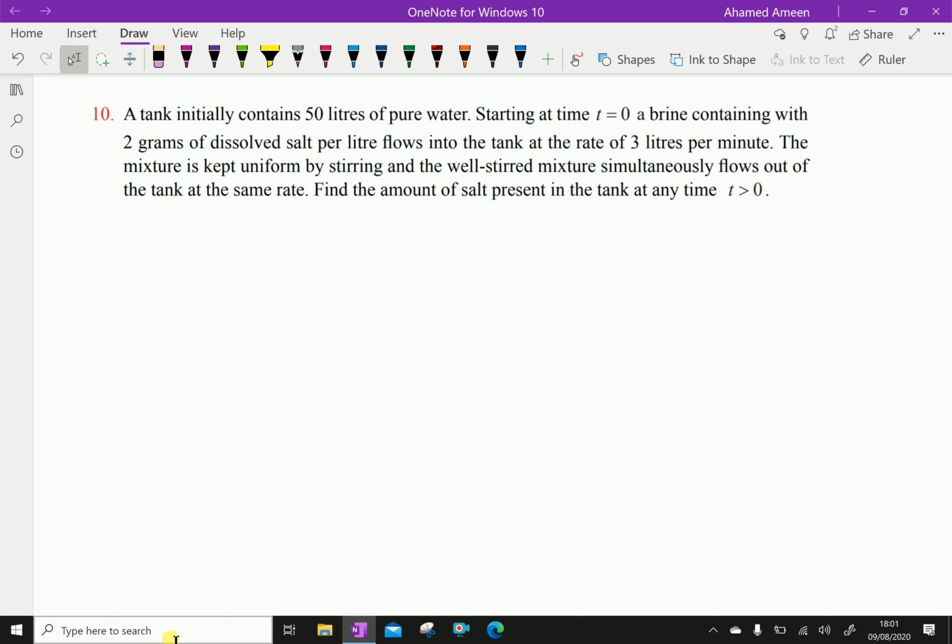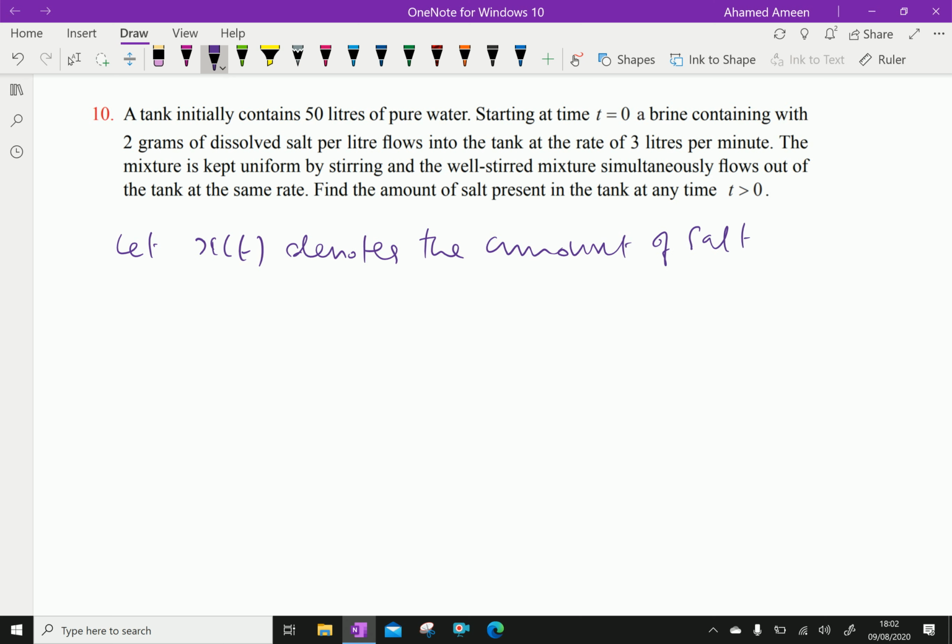Here let x of t denote the amount of salt in the tank at time t.